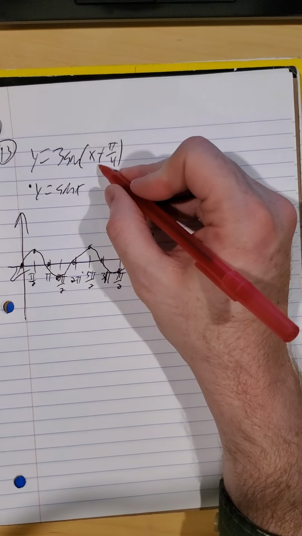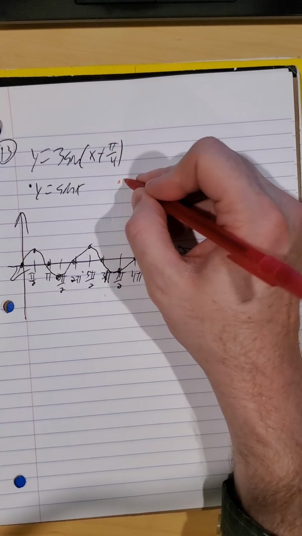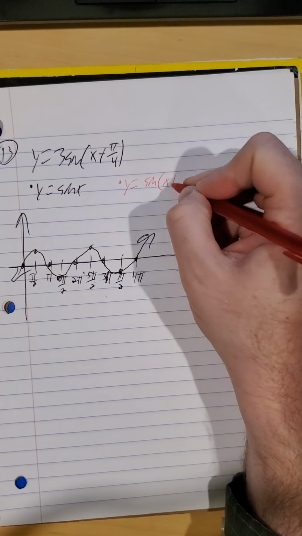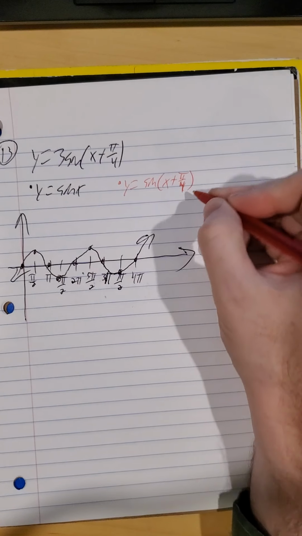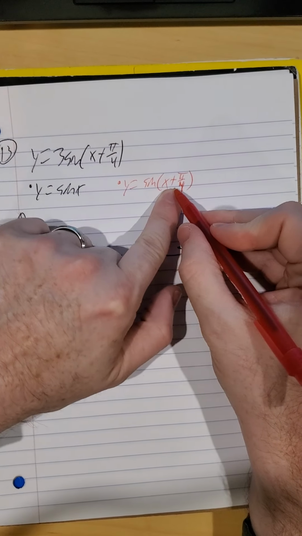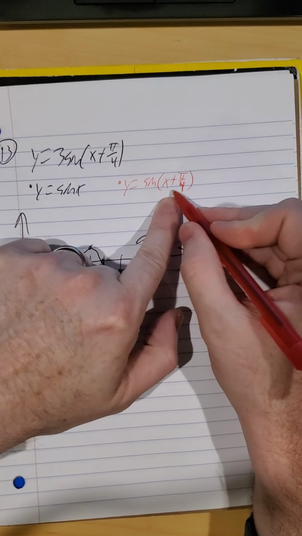So this time, this plus pi over 4. All you have to do is think back to your college algebra days. So we have a plus inside. Inside works sort of backwards.